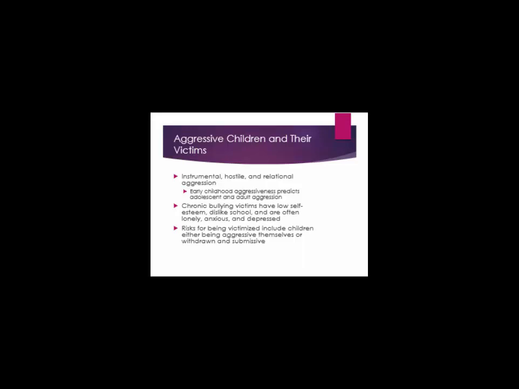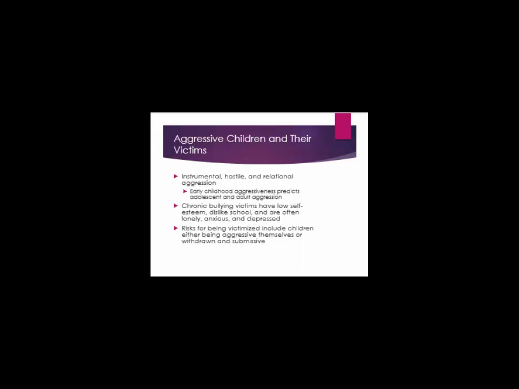So you push someone into their locker so you can take their homework and use it as your own. Hostile aggression is unprovoked. Its primary goal is simply to intimidate, harass, or humiliate another individual. And then finally, relational aggression is when children try to hurt others by undermining their social relationships. Relational aggression basically is Mean Girls.